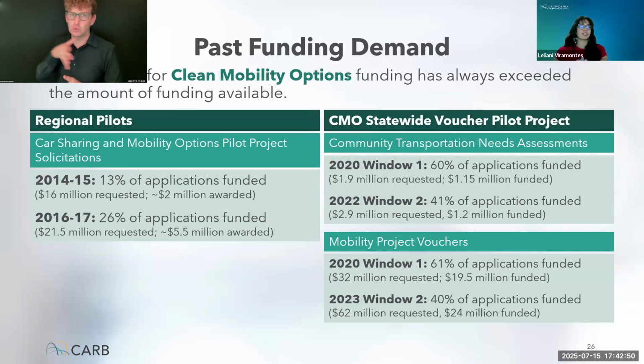That solicitation received and funded one application. In CMO's current iteration as a statewide voucher pilot, both funding windows 1 and 2 have been able to fund more projects, but demand continues to outpace the available funds, especially for mobility project vouchers. Next slide, please.